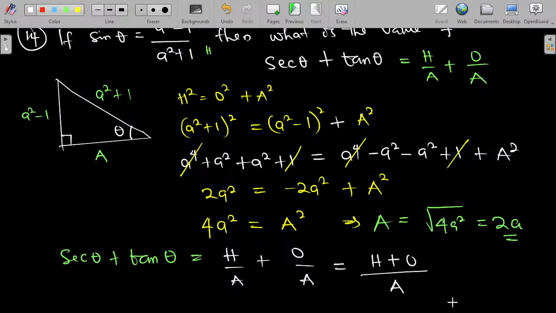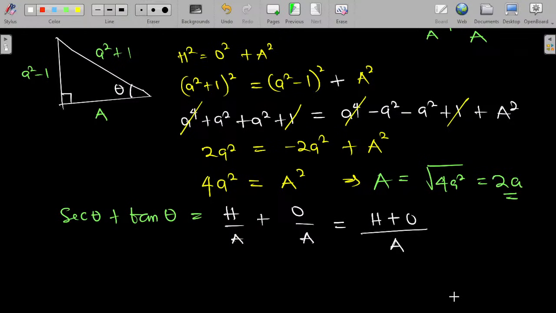So we can just substitute into that one. And that is going to give us, what is h? H is a squared plus 1. And what is o? O is a squared, we are adding it, a squared minus 1. All over what is a now, which is adjacent, we just got it as 2a.